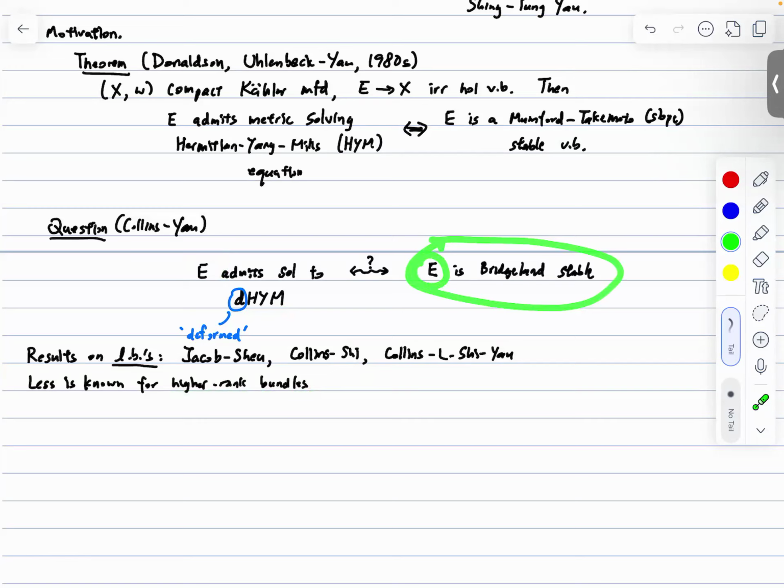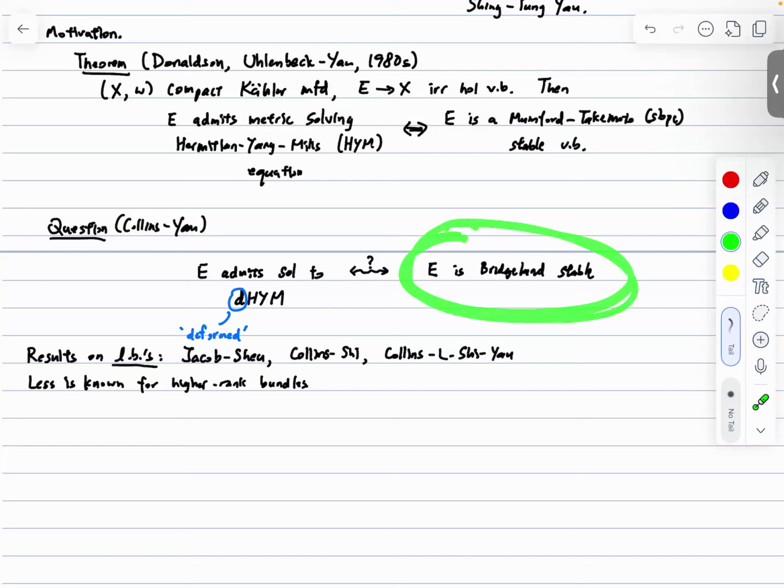We have examples of Bridgeland stabilities on any smooth projective surface and some smooth projective threefolds. And we can ask, if we take a high rank bundle on such a variety, is it Bridgeland stable or not? So this side of the picture has a very concrete question that we can try to answer for higher rank bundles.